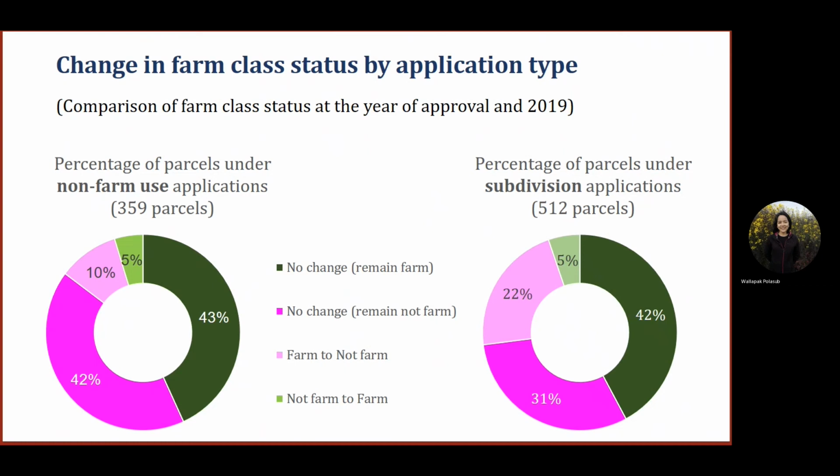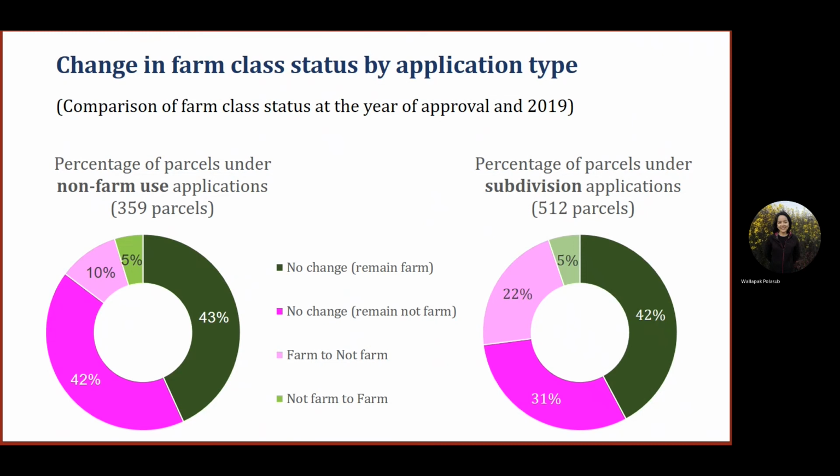The light pink is changing from farm to not farm, and the light green is changing from not farm to farm. The dark green and the dark pink represent no change. It's sort of like whatever the landowner had before. It seems like this application didn't really affect the use of the land, so there's no change in farm class status.